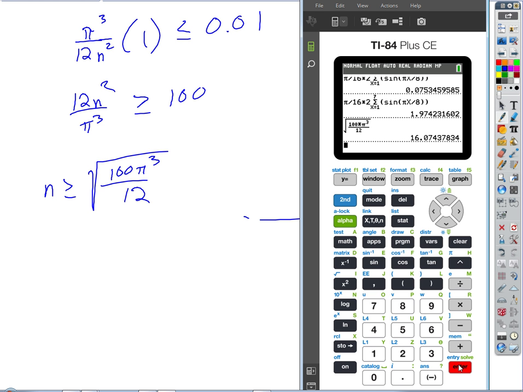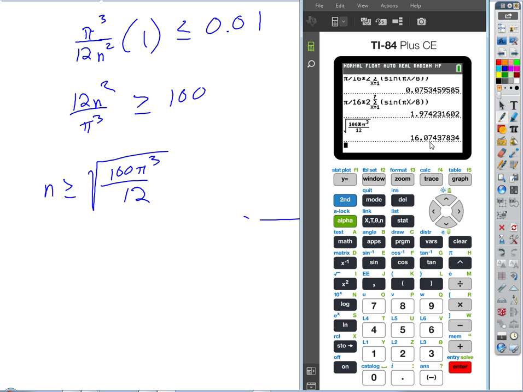So in order to guarantee that our error is going to be less than or equal to 0.01, we have to have n be at least 16.07, but n is incremental. It's an index. So we just move up to the next value that's greater than or equal to 16.07, right? So it'd be 17. We could use 20, but we have to have at least 17 of them within our tolerance, right?